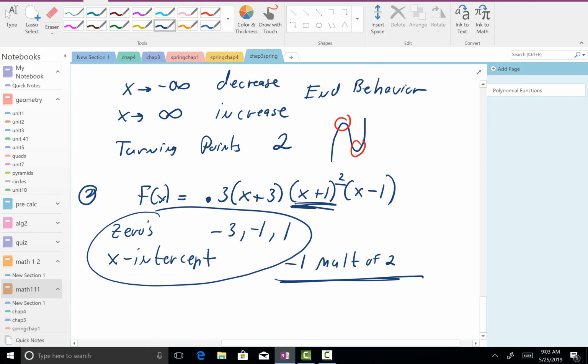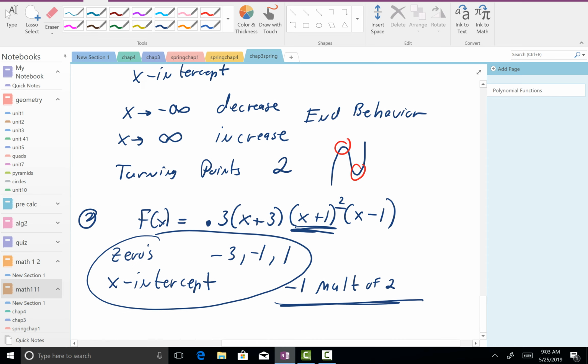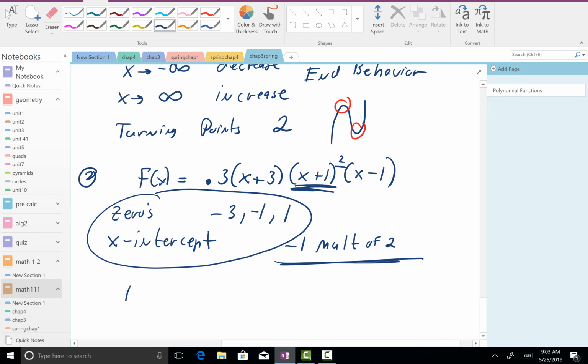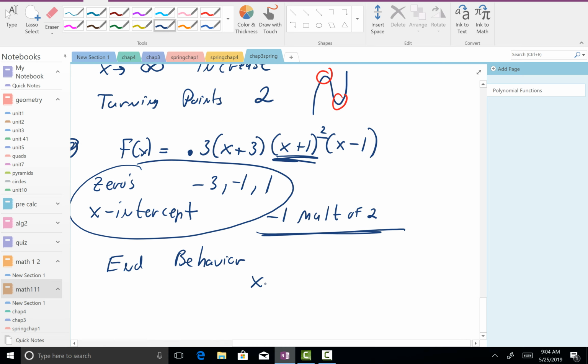What about the end behavior? Let's do that. End behavior. So, what's the degree of this? 4. 1, 2, 3, 4. 4th degree.